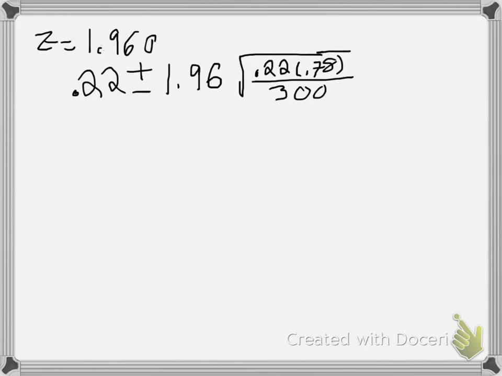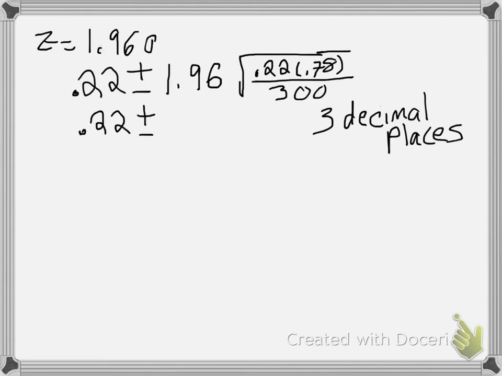Now, we're still going to have our 0.22, and here's a sticking point where a lot of you have difficulty in figuring out how many decimal places. I'm going to make it easy for you. When you're dealing with a proportion, always, always, always 3 decimal places.